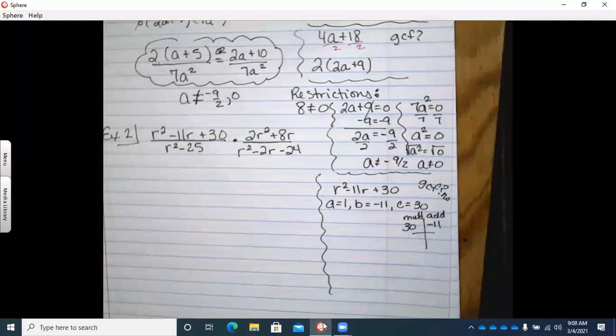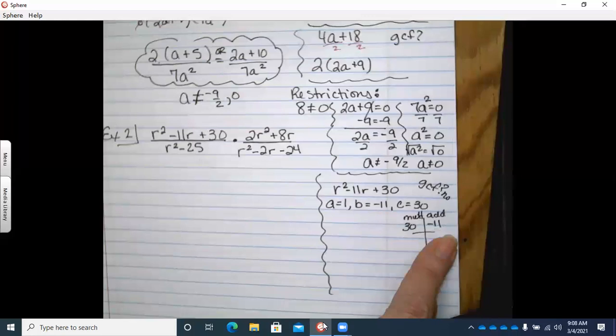So don't worry about the negative 11 right now. Just what can I multiply to get 30? 15 and 2. So 15 times 2 is 30. What's 15 plus 2? 17, right? Even if I did negatives, negative 15 and negative 2, and added them, I get negative 17.